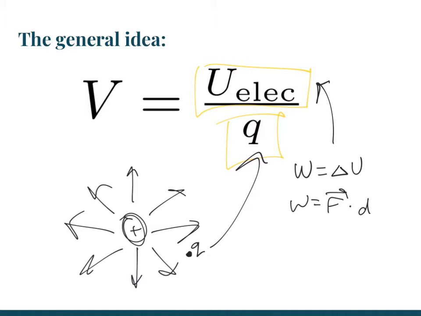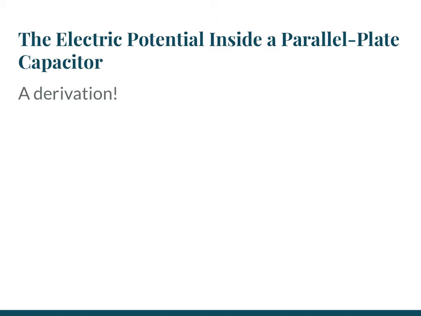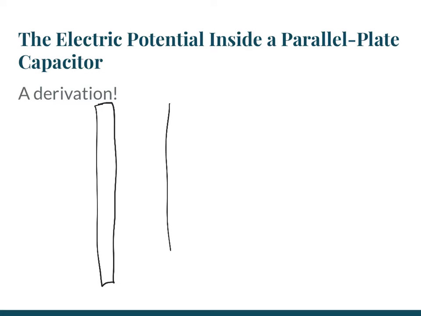We'll see what it looks like here in a second. So let's look at a parallel plate capacitor. A parallel plate capacitor is two parallel plates, shocker, I know, that are oppositely charged. So one side is going to be positive and one side is going to be negative.